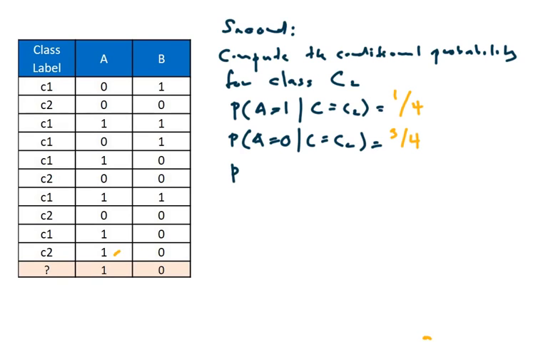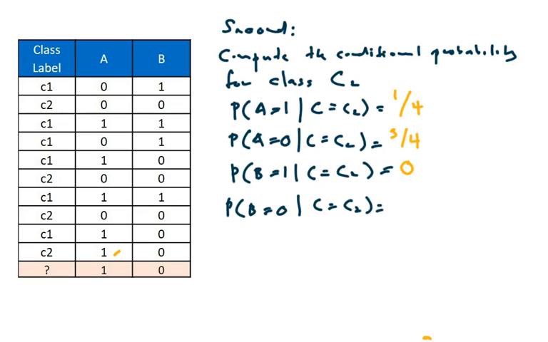And the probability of B equals 1 given C equals C2 is equal to 0, because we don't have B equals 1 there. And then finally you need to find the probability of B equals 0 given C equals C2, and this will be exactly 1.